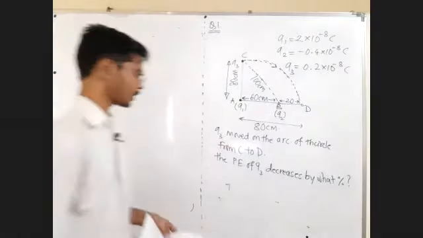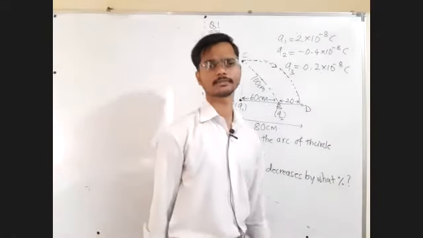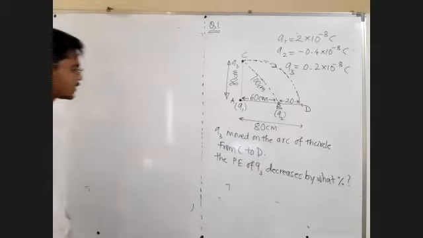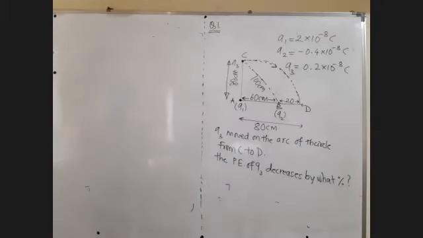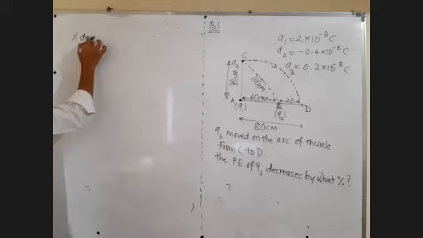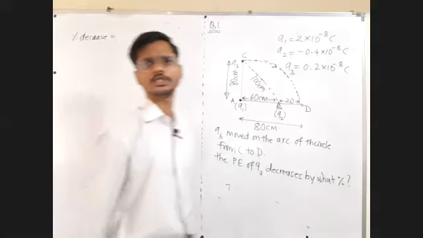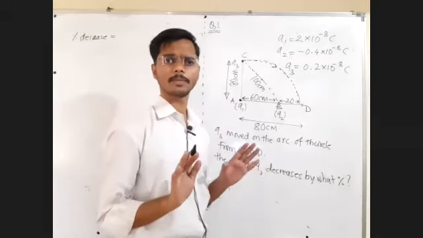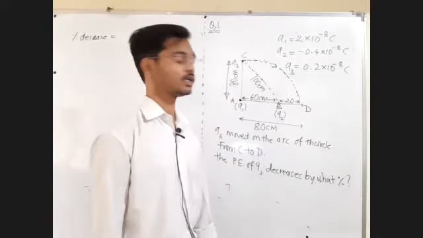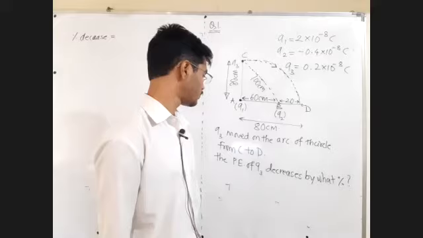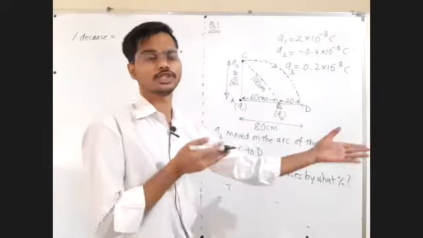Next, what we have to do? We have to find out the percentage decrease in the potential energy of Q3. Percentage decrease is equal to decrease; we want to calculate the decrease. Decrease means initial minus final. If we were asked percentage change, we would have done final minus initial.